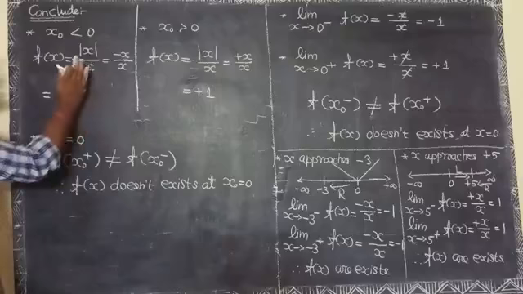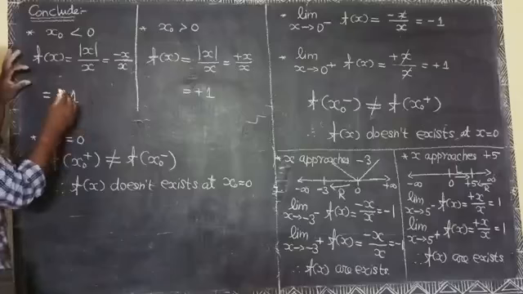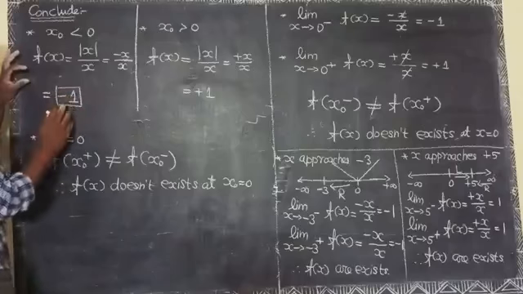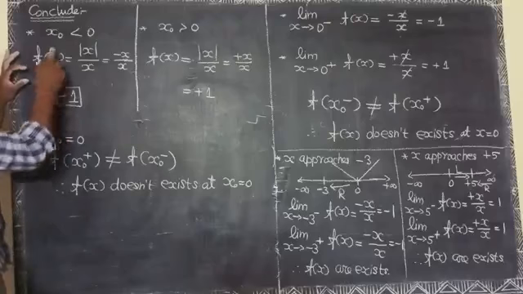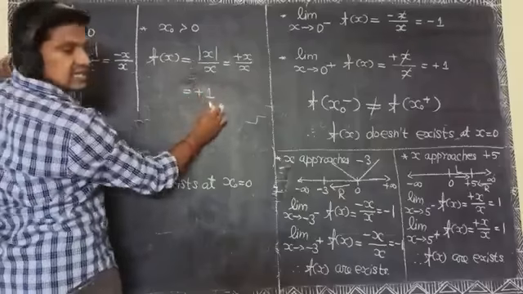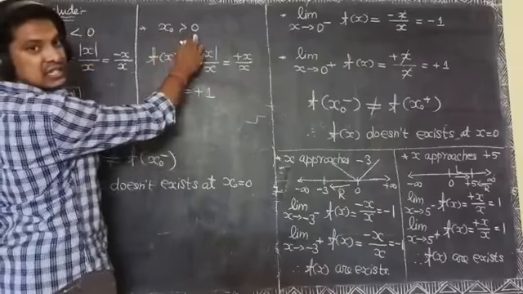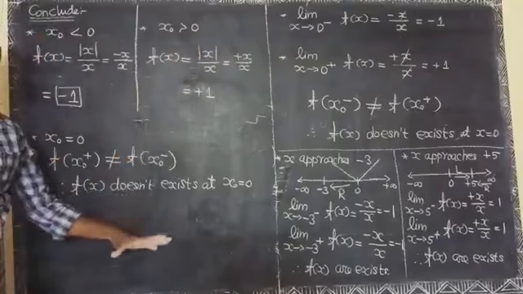Where the left and right approaches give the same value, the limits exist. The limits exist at x naught less than 0, and the limits exist at x naught greater than 0, but at x naught equal to 0 the limit does not exist.